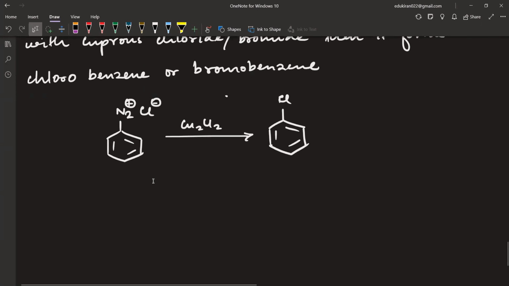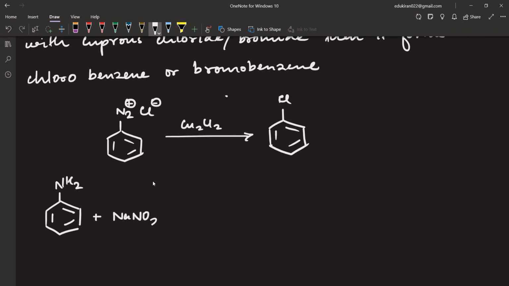How do we prepare benzene diazonium chloride? So it is also important. We prepare this from aniline, and actually this reaction happens like this. Benzene diazonium chloride is very unstable, and we start with aniline, that is benzene ring in which we have NH2 attached, and then we add NaNO2 plus HCl, and this should be done at 0 to 5 degrees Celsius.